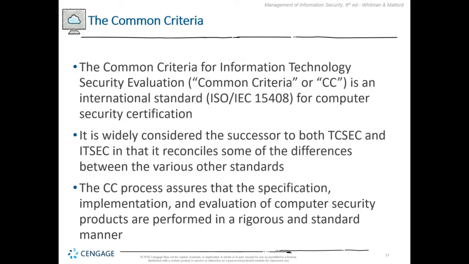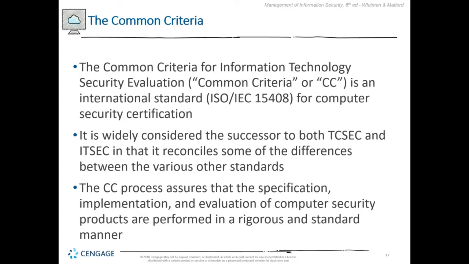Now, some of the terminology that's inherent to Common Criteria is the target of evaluation, or TOE. This is the system that's being evaluated. A protection profile is a user-generated specification for security requirements.